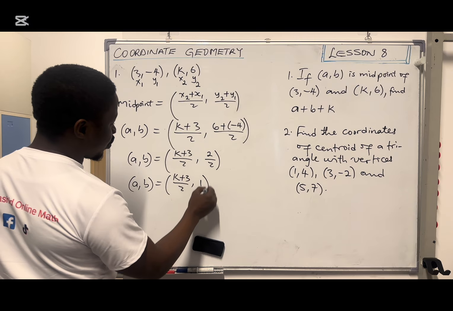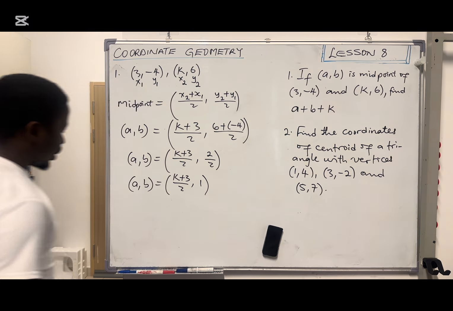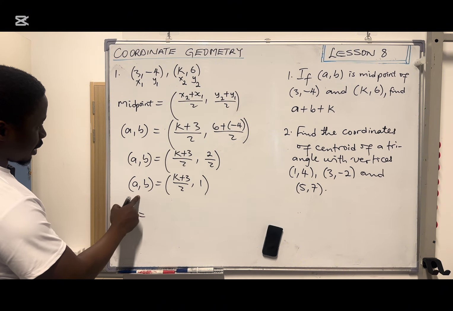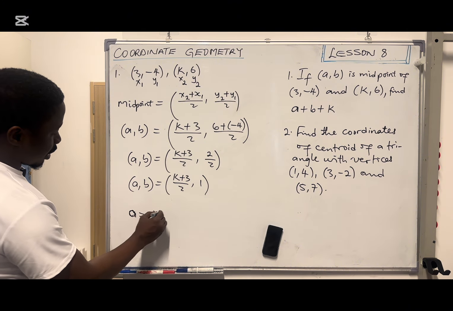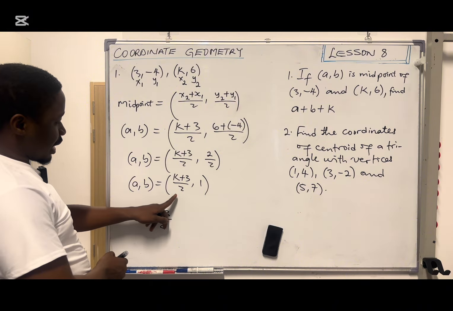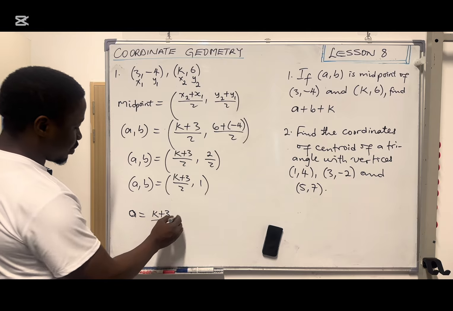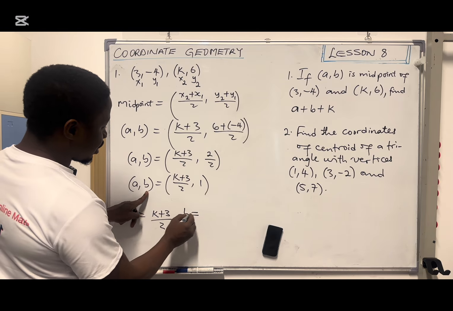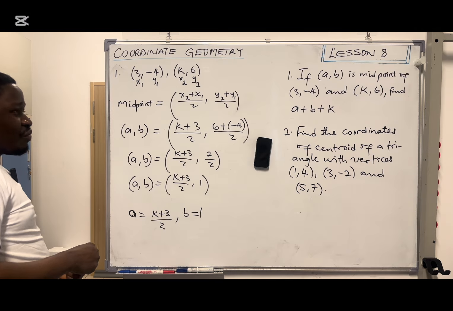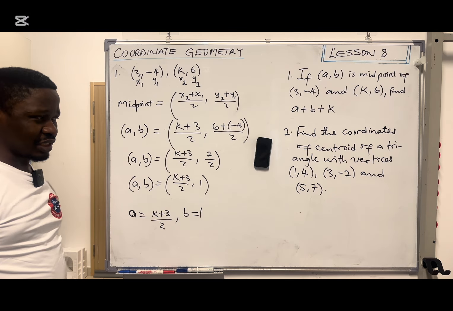This will give us 1. So the conclusion here is A is k plus 3 over 2. A is the x coordinate. The x coordinate is k plus 3 over 2. Then what is B? B is 1. So if the question is to only find A and B, this is the result.